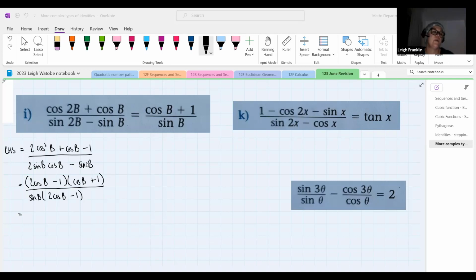At the bottom, I can only write sine 2b in one way. Factorizing, canceling down, and that will leave us with what we have on the right-hand side, which was cos b plus 1 over sine b. Okay, so we should all be done with I. That's not a particularly difficult question.